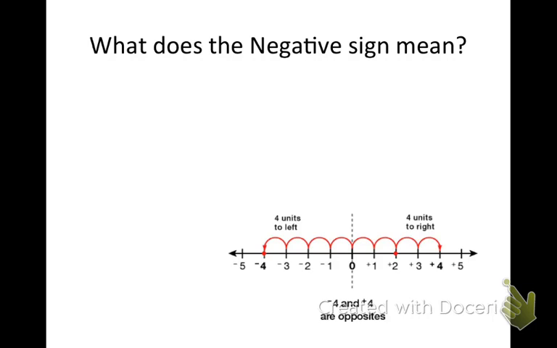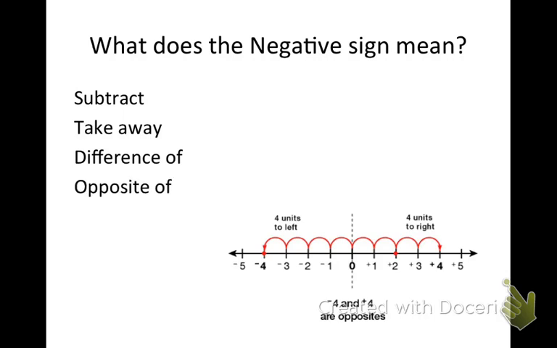So one thing we really need to understand is, what does the negative sign really mean? So negative sign has a lot of different meanings. It could be I'm subtracting numbers. It could be I'm taking away numbers. It's the difference of two numbers. And for me, it also says the opposite of. So negative 4 is the opposite of positive 4.